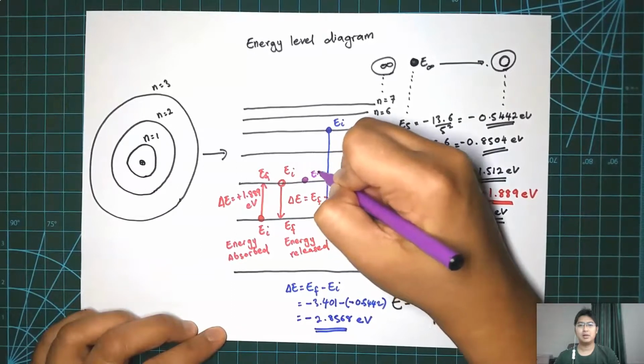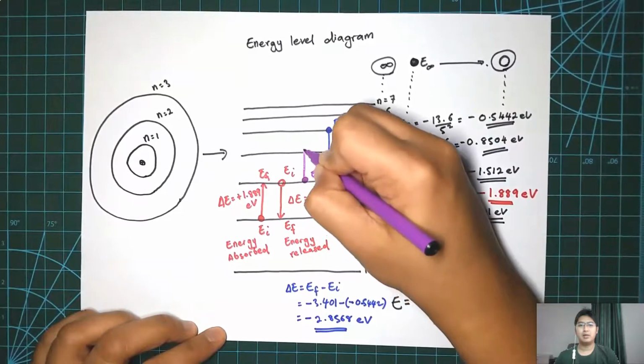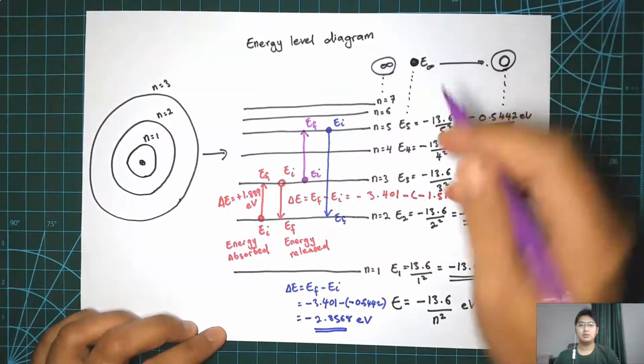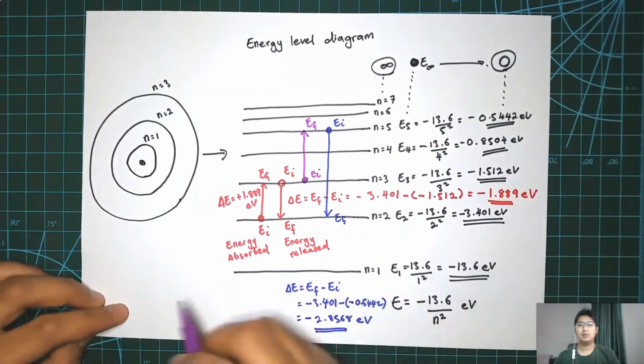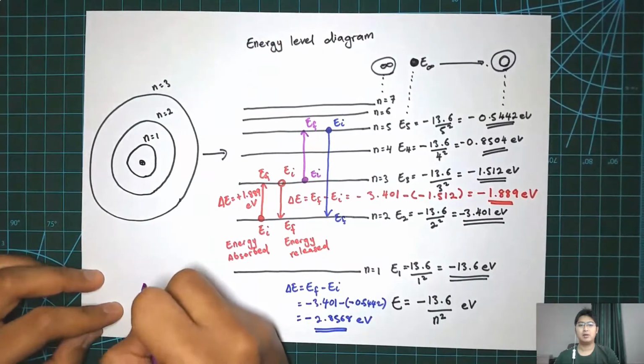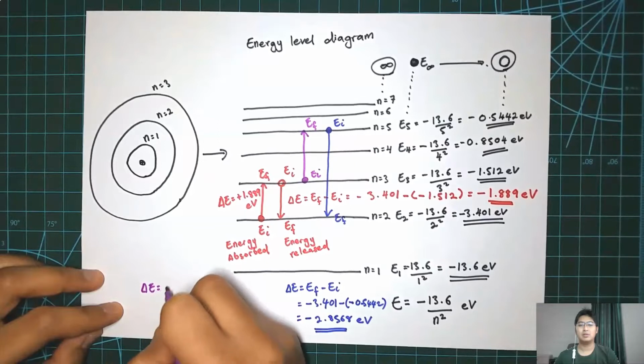Another example, from energy level 3 to energy level number 5. I expect the value will be positive because of course the light will be absorbed.